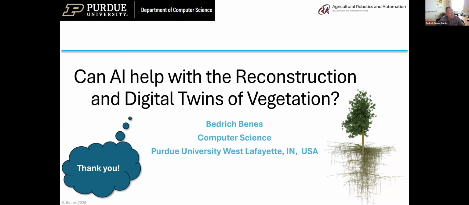There was a paper at CVPR looking at reconstruction from Gaussian splats. But there are two major problems. One is the self-occlusions. It's really difficult to see what is inside. The other problem is that plants have very tiny and very thin structures. So what you really need is high resolution precisely on these things. Otherwise, you will end up with blurred areas and weird blobs, which are the common artifacts that we have always seen in these reconstructions.